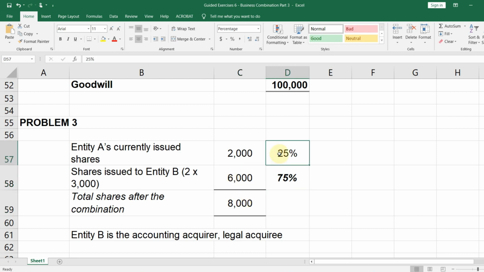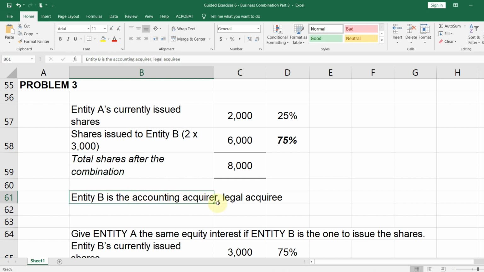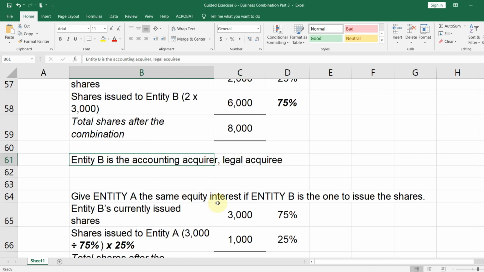You can check: 2,000 divided by 8,000 is 25%, and 6 divided by 8 is 75%. So who is our accounting acquirer? B. But B is the legal acquiree. So we can now proceed.